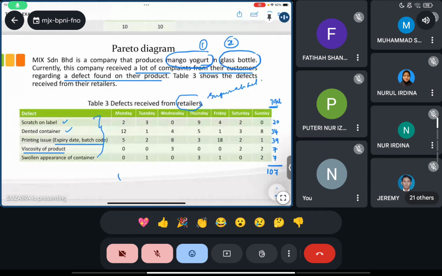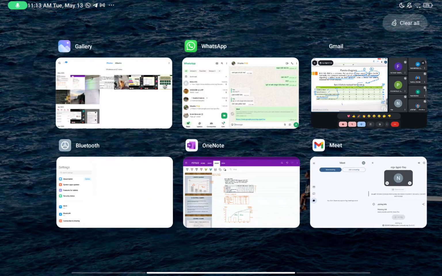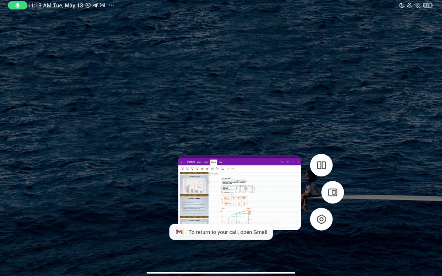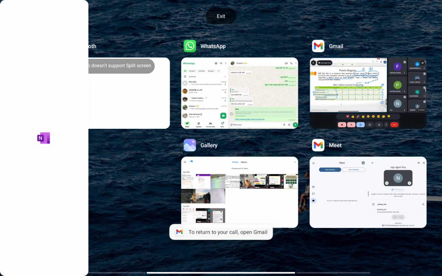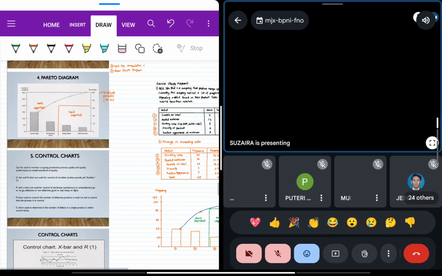Number one would be for which one? Printing issue. Okay, number one, printing issue. And then number two would be dented container. Number three would be stretch on label. Okay. Number 4 and 5, viscosity and also swollen appearance.